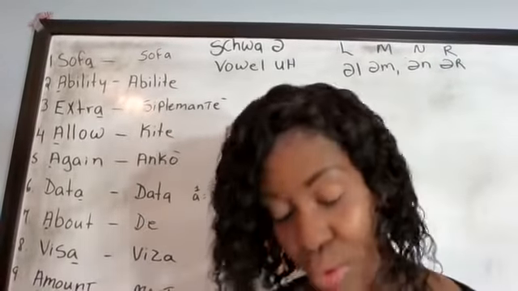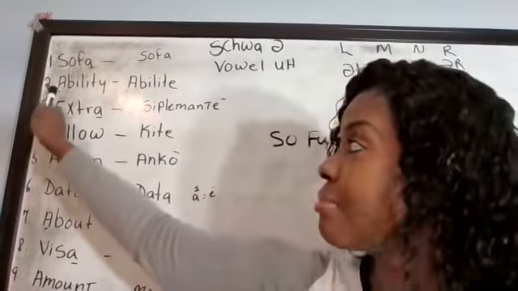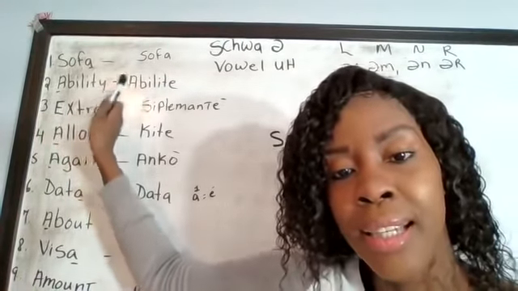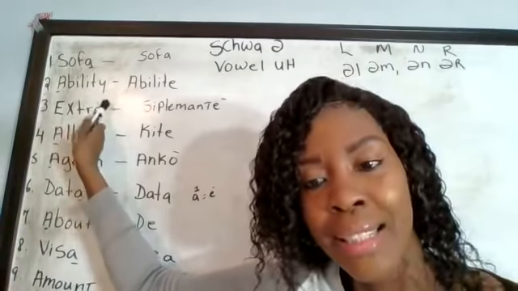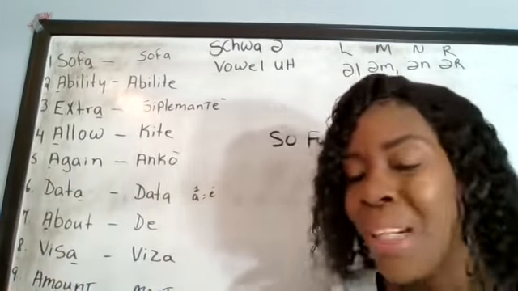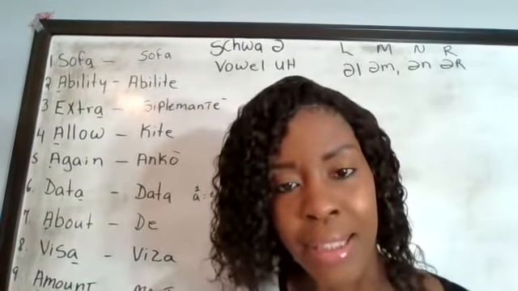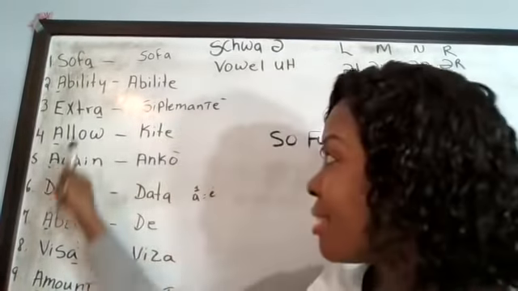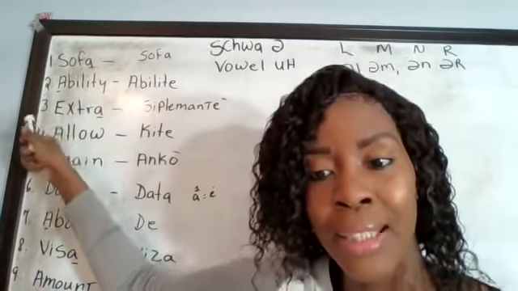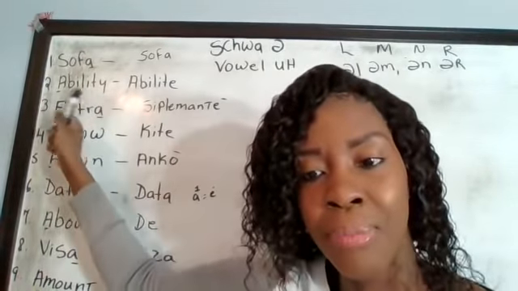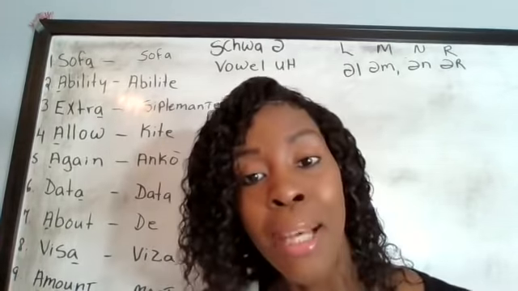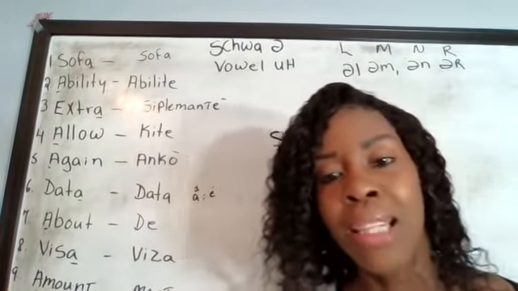Next word, ability. Ou pas di ability. Gen moun ki di li pa bon. C'est pas ability. C'est ability. Okay, that's a short T. Ability means abilité.